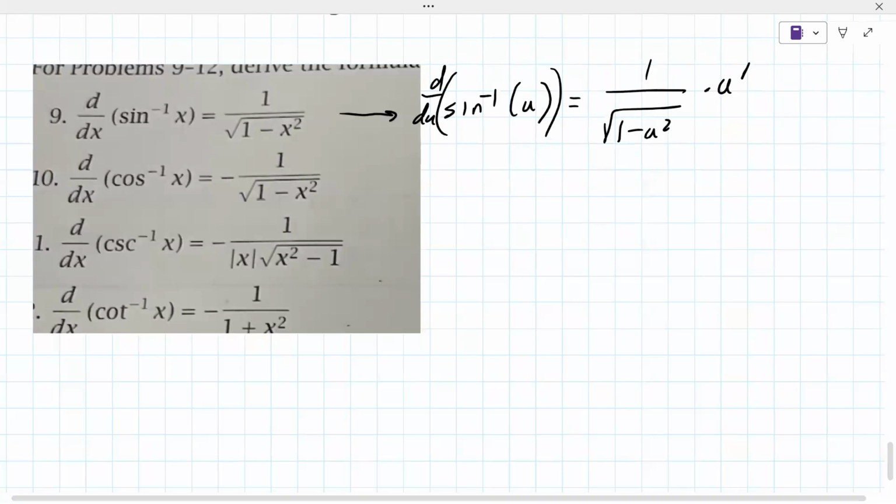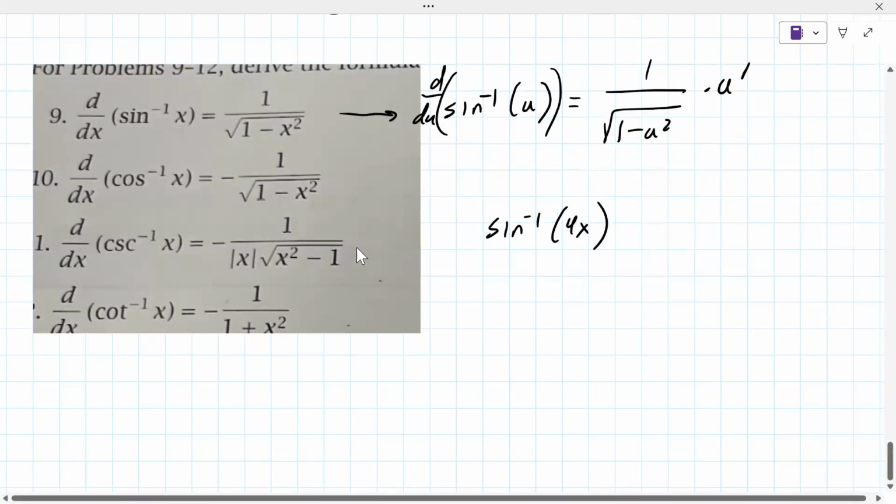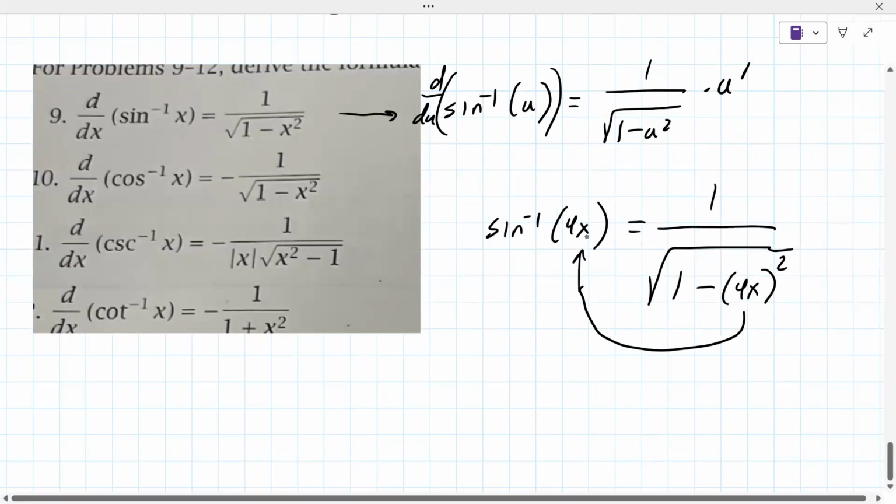So that goes right in like the first problem you have here, number 13, which is arc sine of 4x. Your u is 4x. The derivative of this is not, and this is the mistake most students make, 1 minus x squared. It's 1 minus 4x squared, times the derivative of the inside function, which is 4.